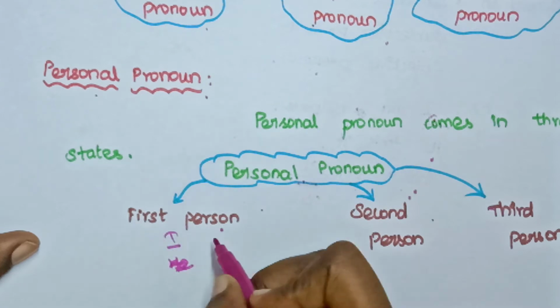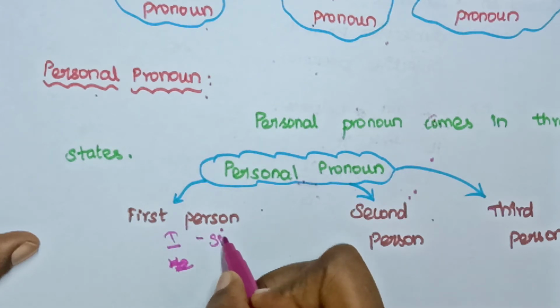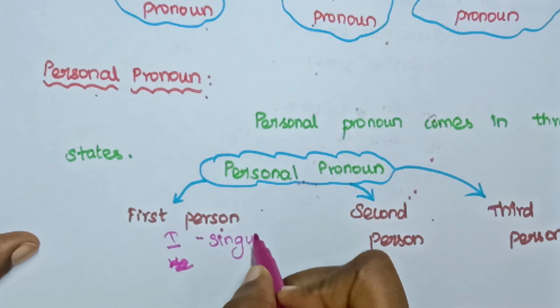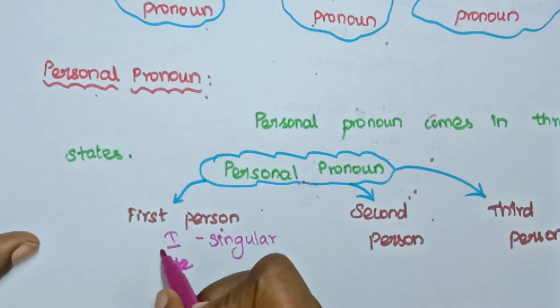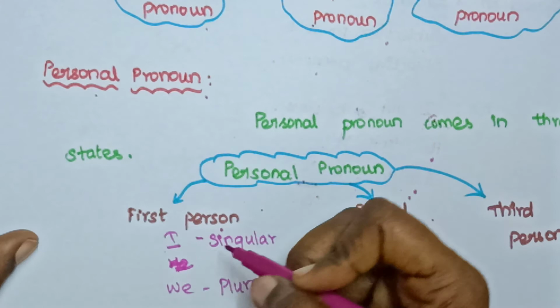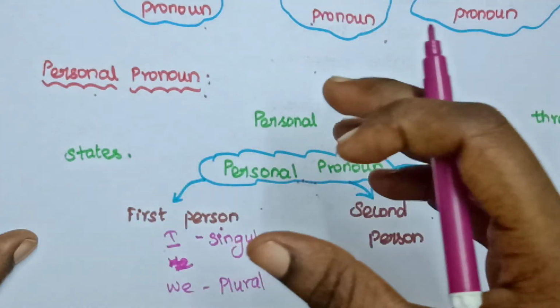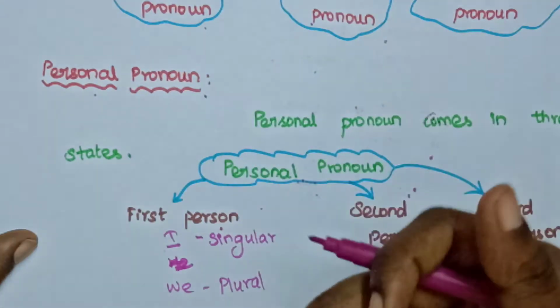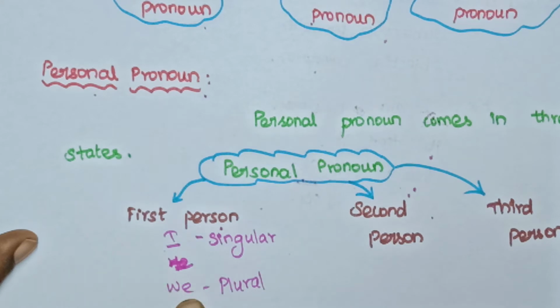So what pronouns come in the first person? I, if it is singular, that is, if it describes only me. So this is the first person pronoun I and we, if it is plural. If I am describing many persons along with me, that is we.